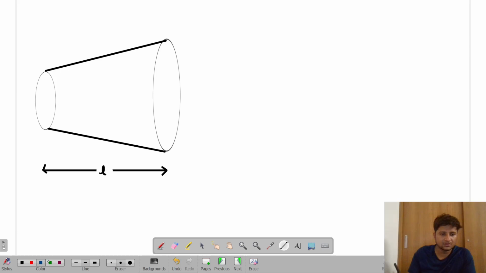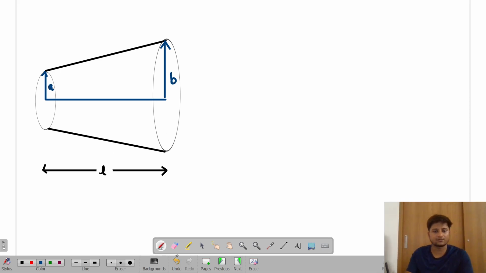And the radius of the conductor is given. Both the radii are given to us. One is A, another one is B. Got it?